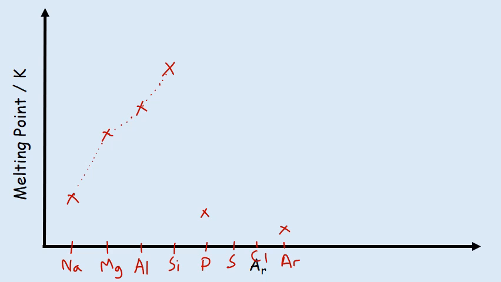Sulfur is slightly higher than phosphorus, and slightly above sodium. So I'm going to draw it above sodium and above phosphorus. You can see that our sodium lies somewhere between those two. And then we have a sudden drop down to chlorine.